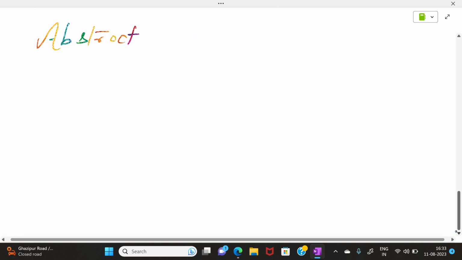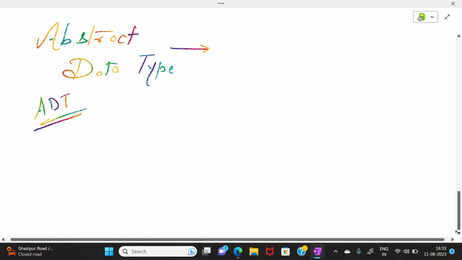Okay, now there is a term called abstract data type you might be using. So what is this abstract data type, also known as ADT? Abstract data type is used in order to simplify the process of solving problems. The data structure combined with operations is known as abstract data type.